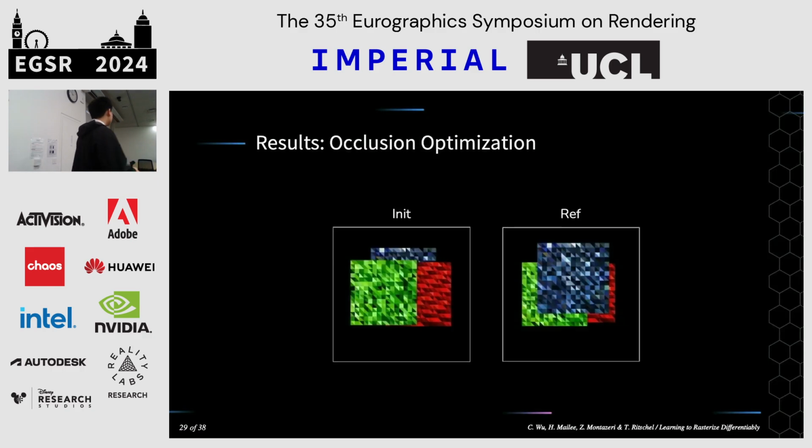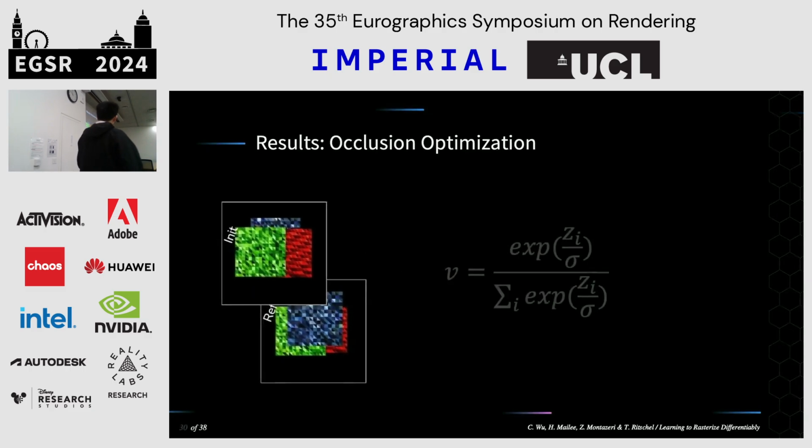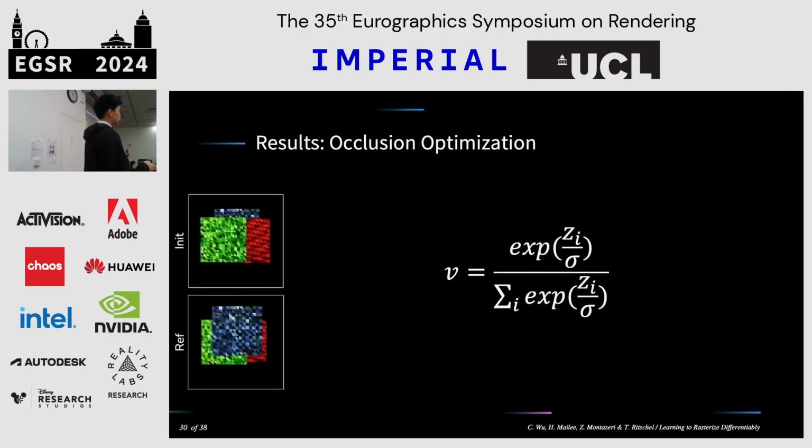And apart from softening the edges, we also test our MLP on softening the depths. We design a task to optimize the order of several overlapping faces. And previous work used softmax on the depths, and they also have a scale, a sigma, to control the softness.